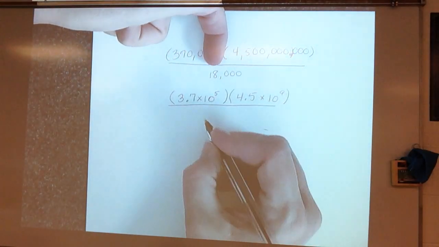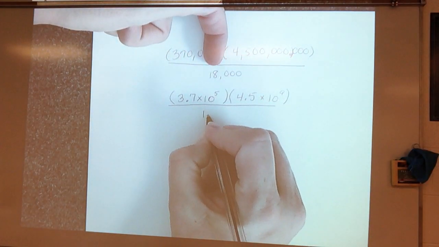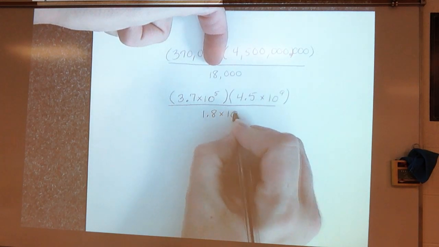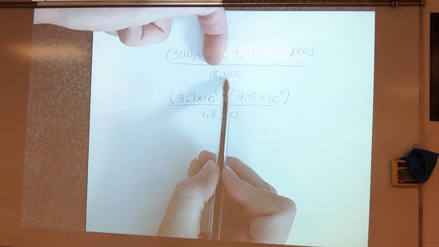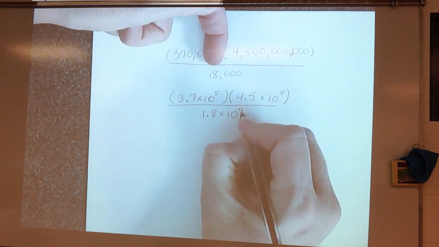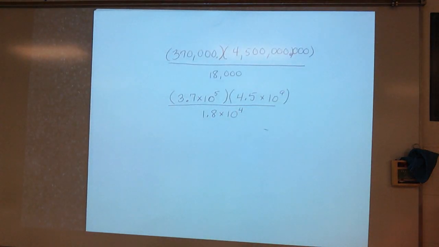Let's do 18,000. That would be 1.8 times 10 to the 1, 2, 3, 4th power. All right, so now, some of you may say, oh, that looks a lot better. Some of you may say, I don't like it because it's dealing with exponents. That's okay.